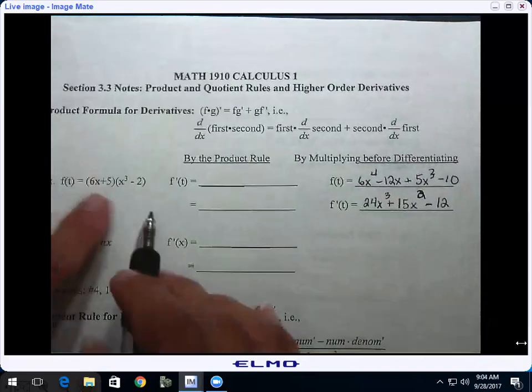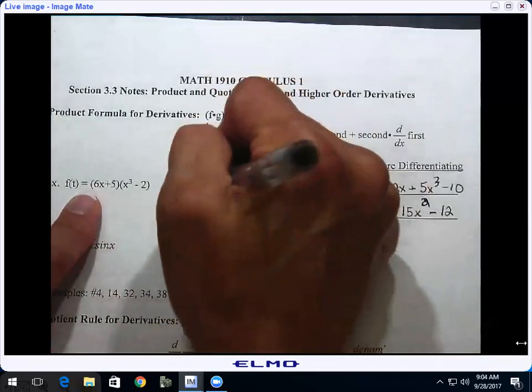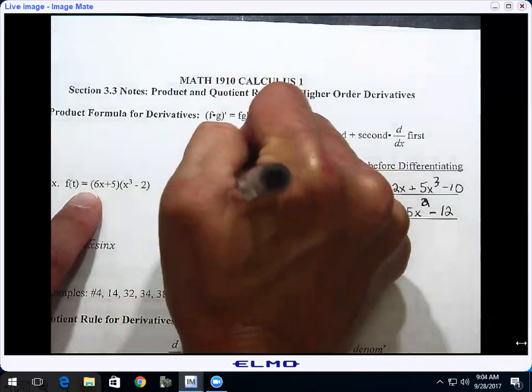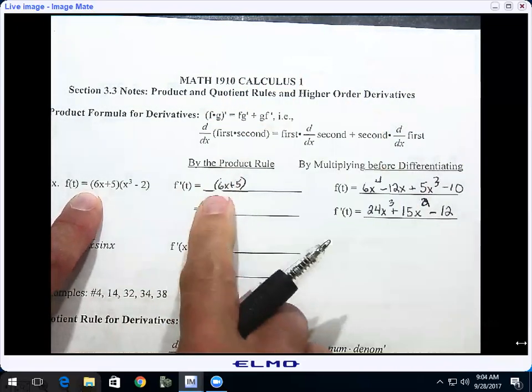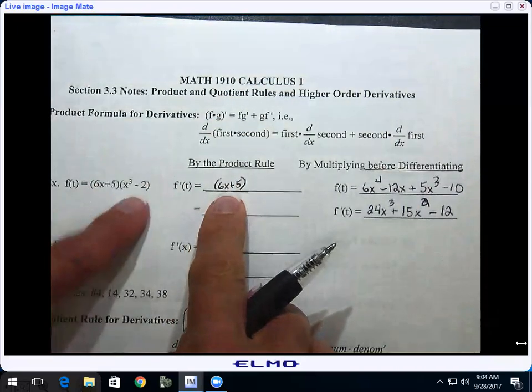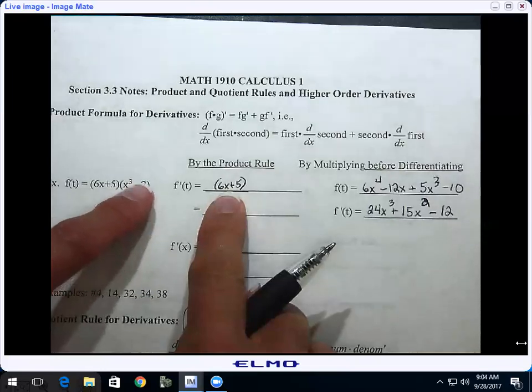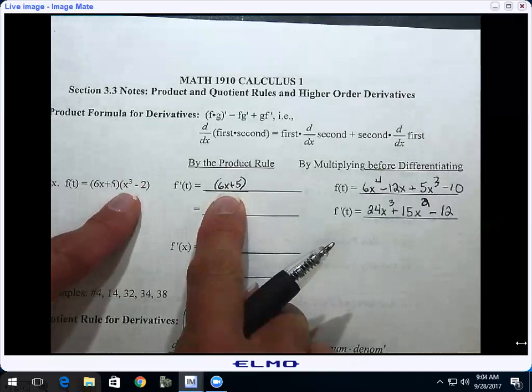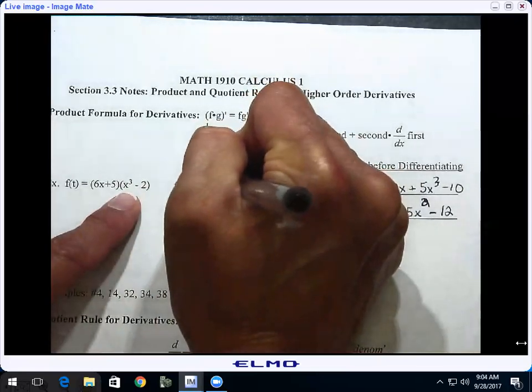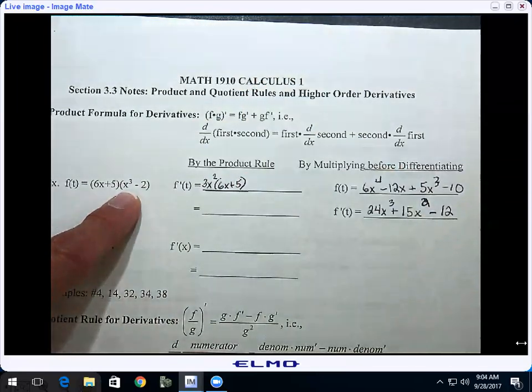All right, so let's just stick with the first. Here's the first times the derivative of the second. What's the derivative of x cubed minus 2? 3x squared. Is it okay if I just write that out front because that's where I usually like my monomials?